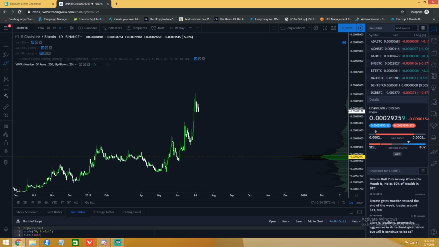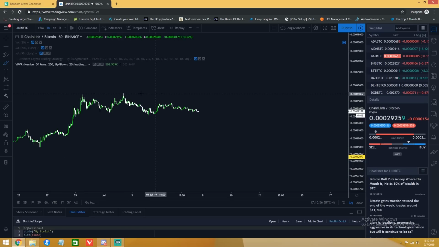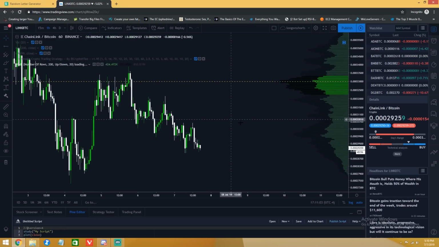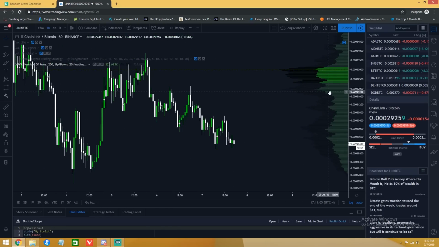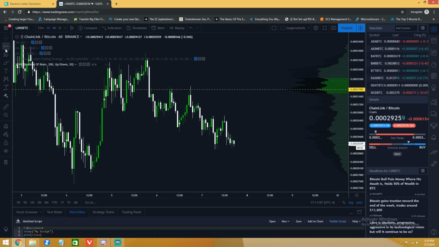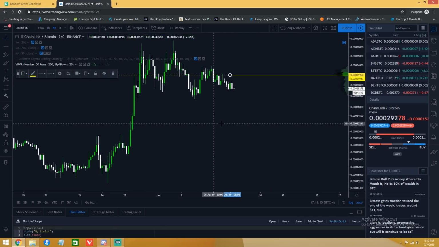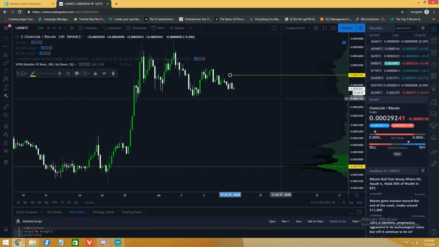Another mistake I do see is people being too zoomed in, like really, really zoomed in, on the 50-minute. They're looking at it like this, and they turn on their VPVR and say, okay, that's my POC. But you really want to zoom out to get a good picture of what's going on.